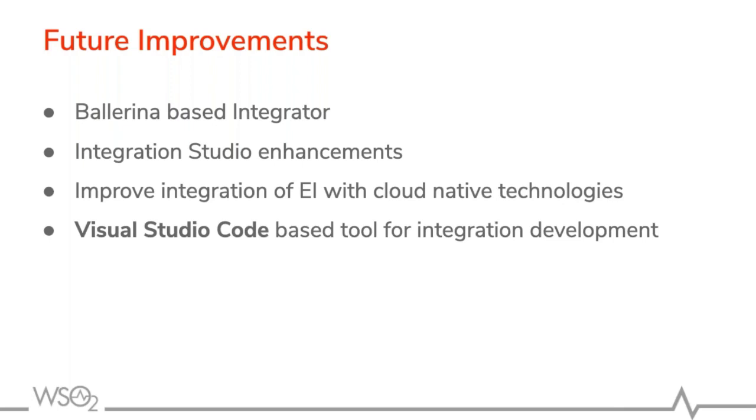Now, we still have to test your development workflow by deploying a CApp and testing, but we are planning on improving your experience by introducing a new test framework where you could test your mediation flow without having to deploy CApps. Then we are planning to improve the integration of the enterprise integrator as well as the micro integrator with cloud native technologies, so to make the developers' life easier.